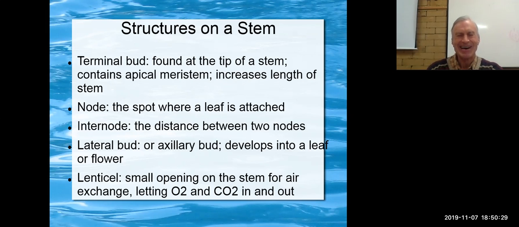There's a lateral meristem or an axillary meristem in that bud that develops into the leaf. And a lenticel is a small opening on the stem for air exchange. It lets oxygen and CO2 in and out, because stems need to breathe too.